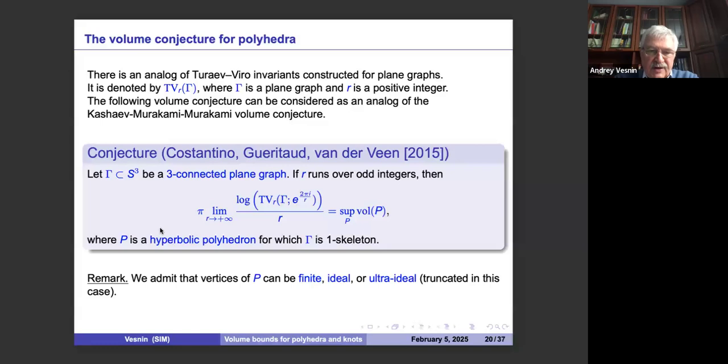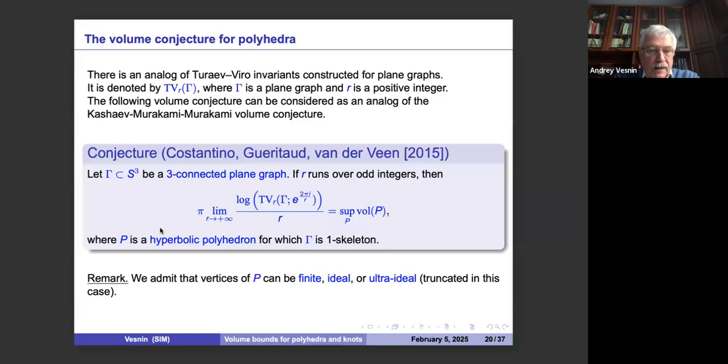Let's consider the Reshetikhin-Turaev invariant for a plane graph gamma, where r is a positive integer, which gives us the possibility to define a family of invariants. I don't want to define it here, just give you the idea that it's very similar to the invariant for three-manifolds. It uses similar state sums, but the definition is quite long.